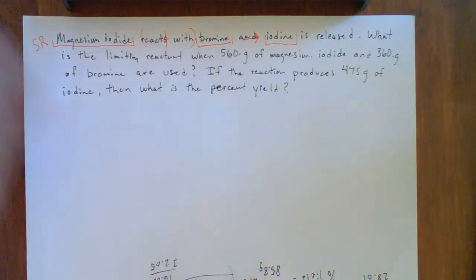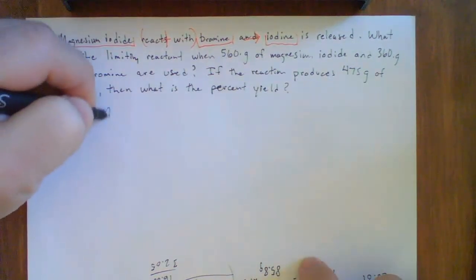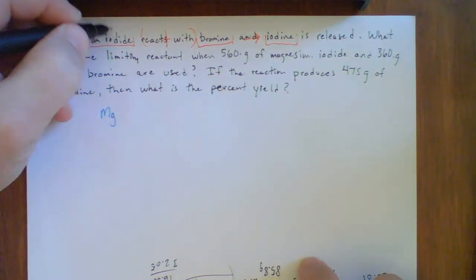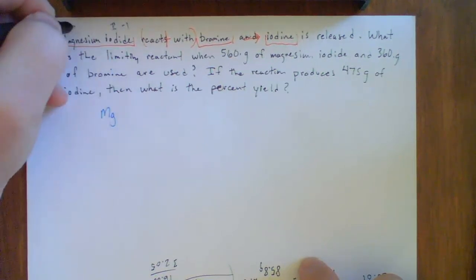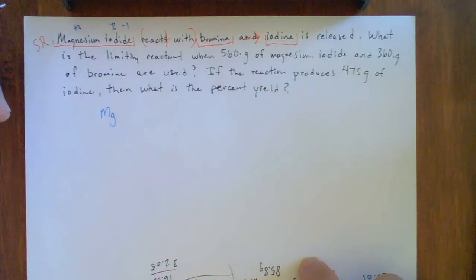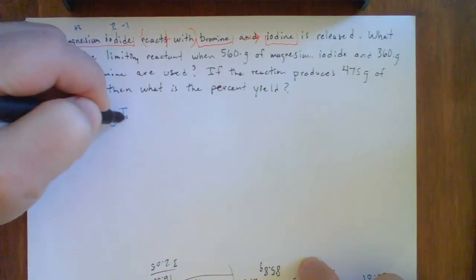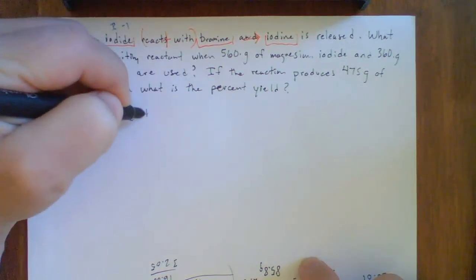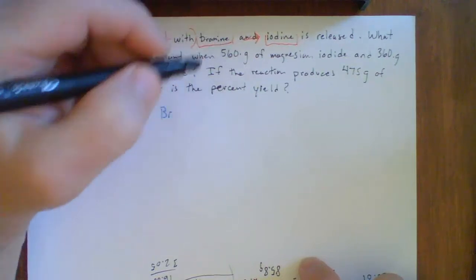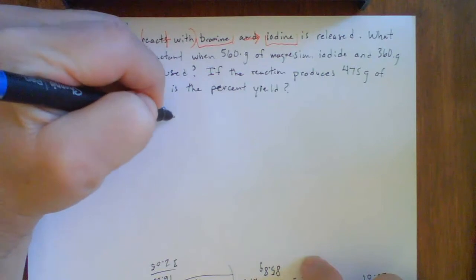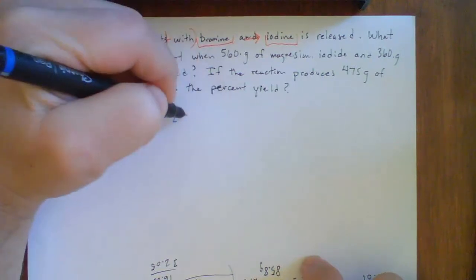So let's go ahead and write out this balanced chemical equation. Magnesium is Mg, iodide is an iodine, and that's a -1. So +2 -1, so it's got to be I2. That's going to react with our bromine. Remember, that's one of our diatomics, so we have to have that as Br2.